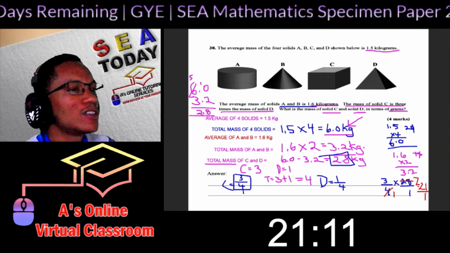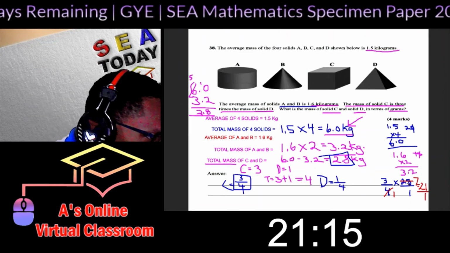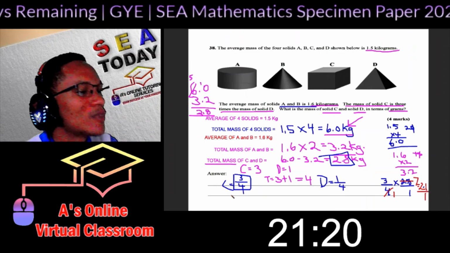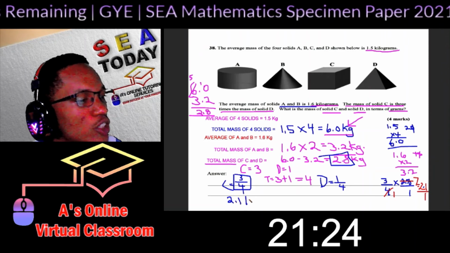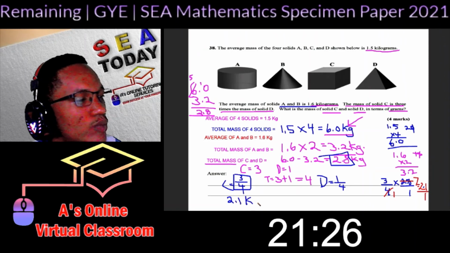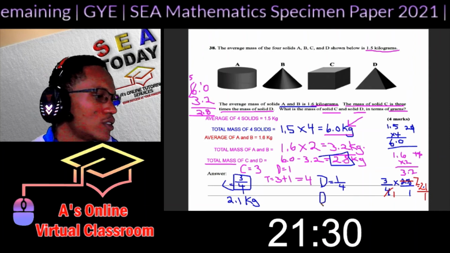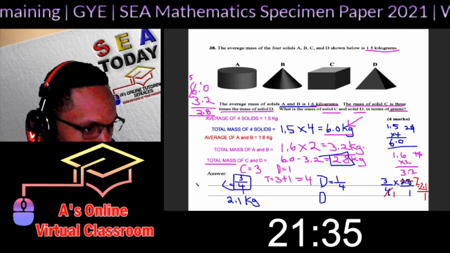So the mass of solid C, wait, this is not 21, it's a decimal we're working with, because it's 2.8. So this is supposed to be 2.1. So C would be 2.1 kg and D would be the difference. 2.8 take away 2.1, which we could do right here.